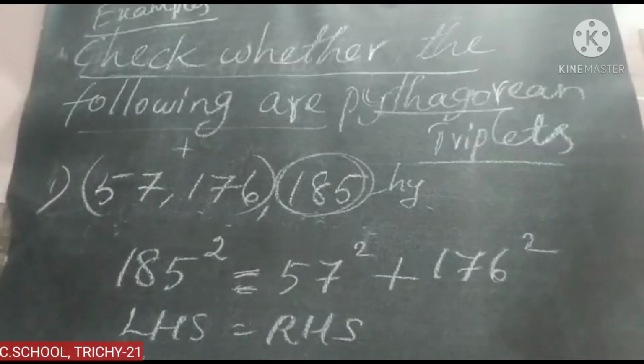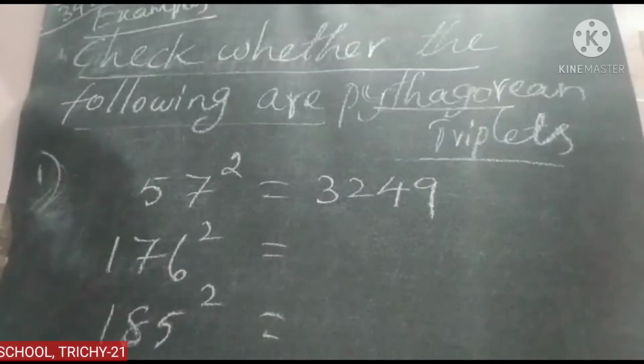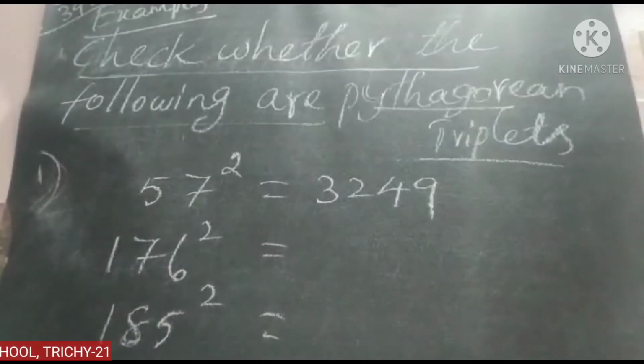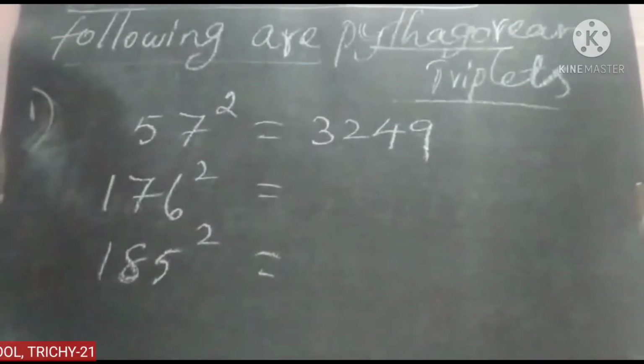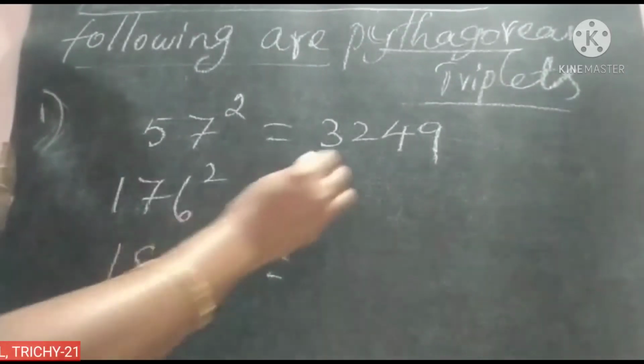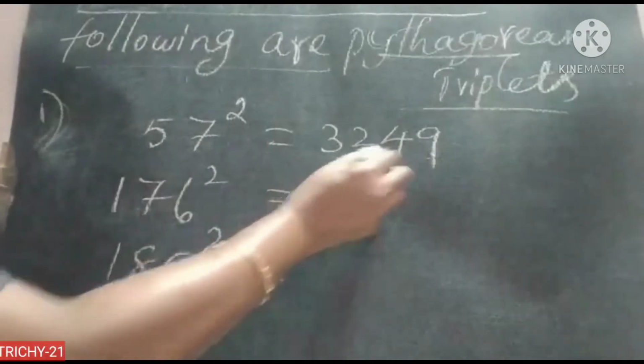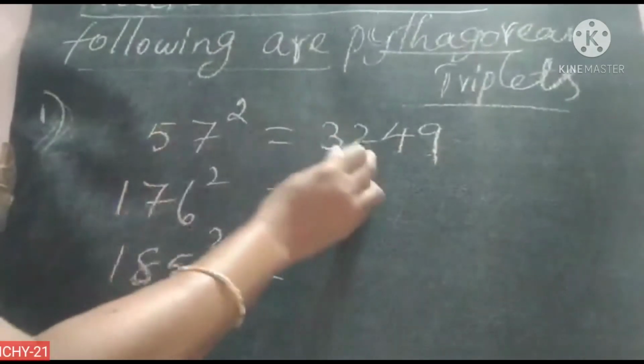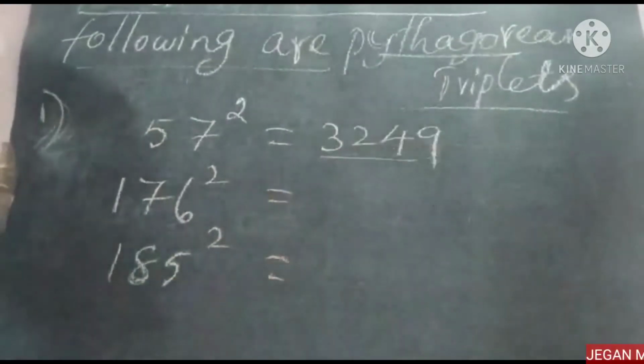Now let us find out the squares of these three numbers. The first one, 57 square, is 3249.